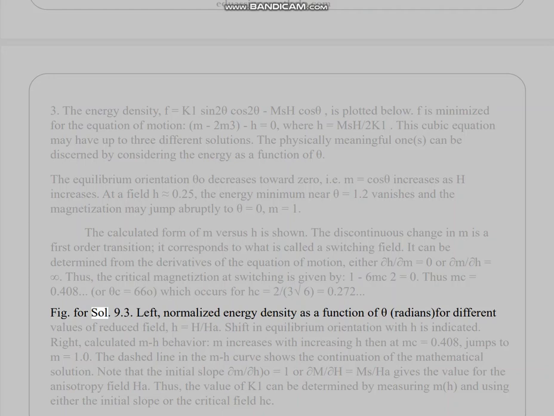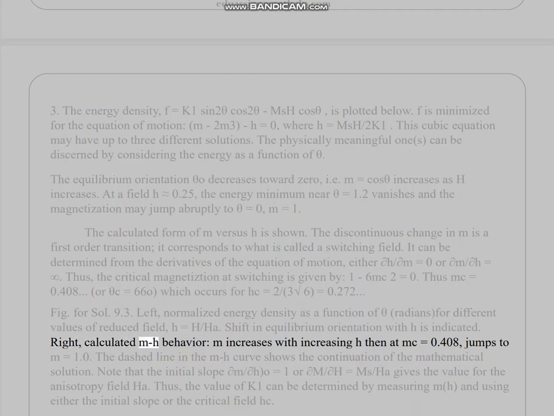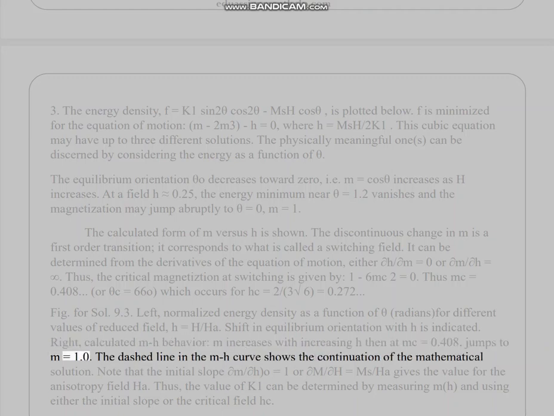Fig. 4 Sol. 9.3, left, normalized energy density as a function of theta, radians, for different values of reduced field, h equals H/Ha. Shift in equilibrium orientation with h is indicated. Right, calculated mh behavior, m increases with increasing h, then at mc equals 0.408, jumps to m equals 1.0.